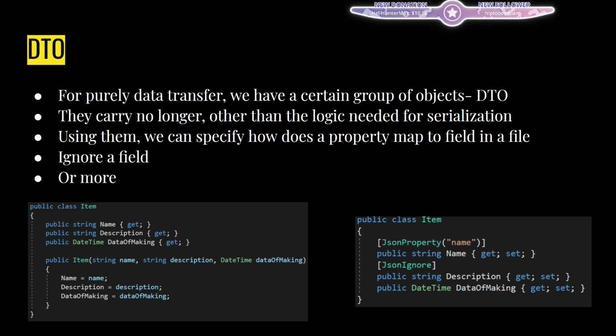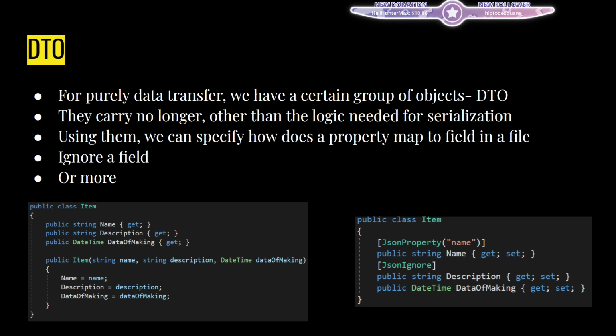And therefore, a better solution is to just have a different class altogether dedicated for serialization. So I created a DTO for Item, and DTOs most likely have a suffix DTO to better clarify the intent. I didn't write that suffix in this case, but just so you know, don't be surprised if you see it.